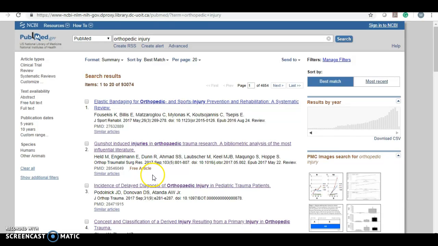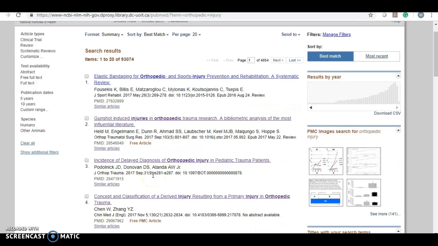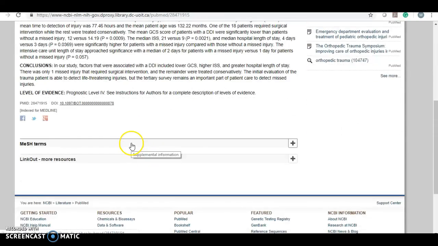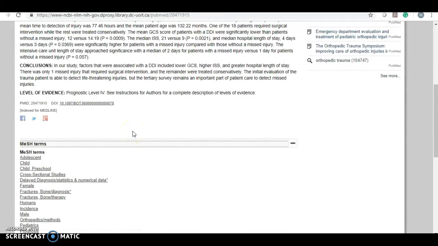The articles that we have here, even though they have the information for just one small part of the search, are already going to be useful to us, because if we go inside one, the bottom of the page gives us the MeSH subject terms associated with it.